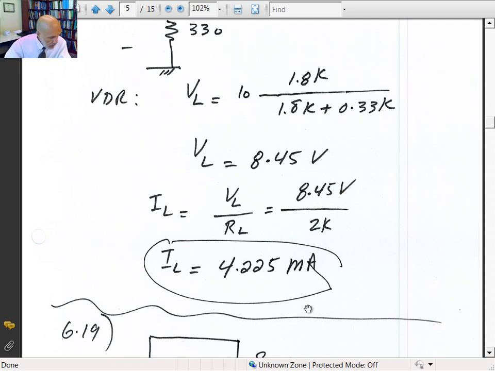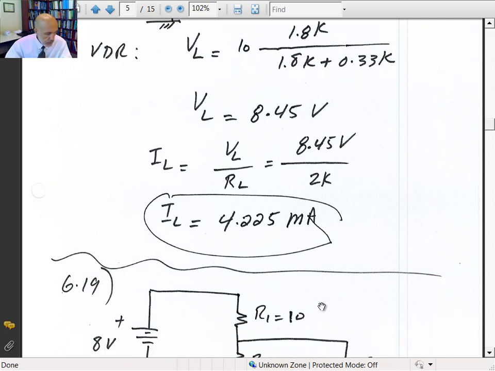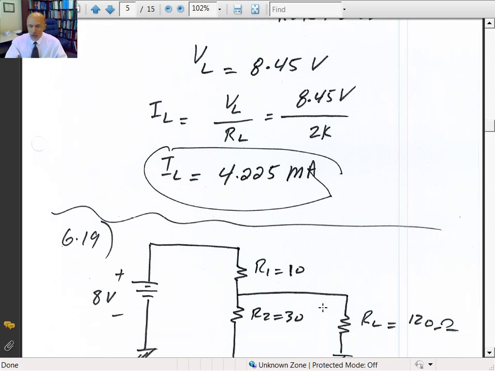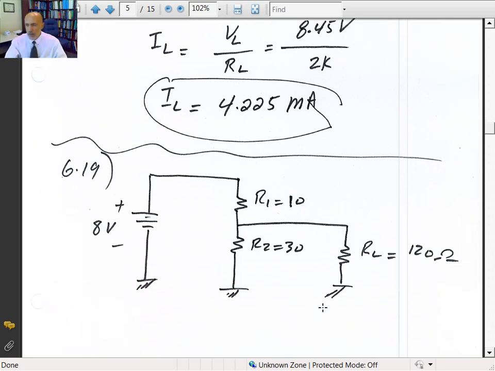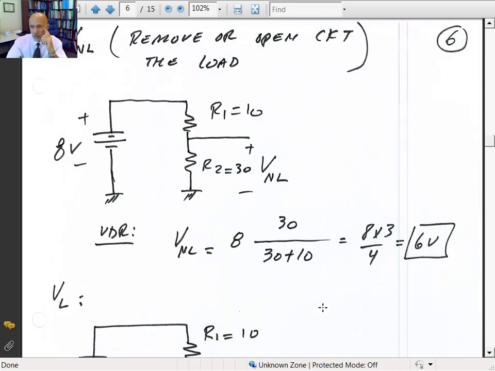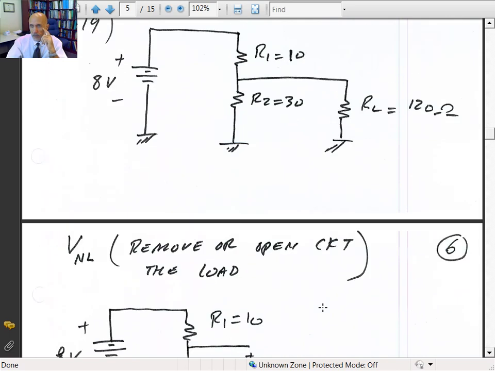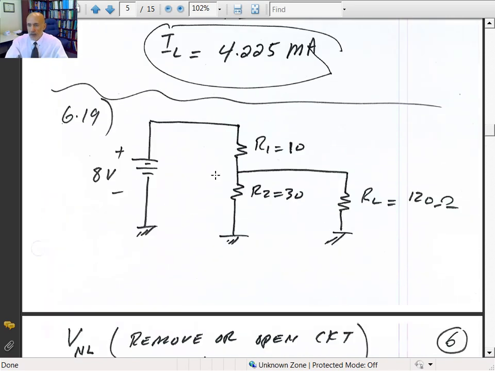Problem 19, it says determine the V sub L and V sub no load for the circuit shown in figure 6.49A. So this is the circuit they give you after the voltage across the load as well as the no load voltage.